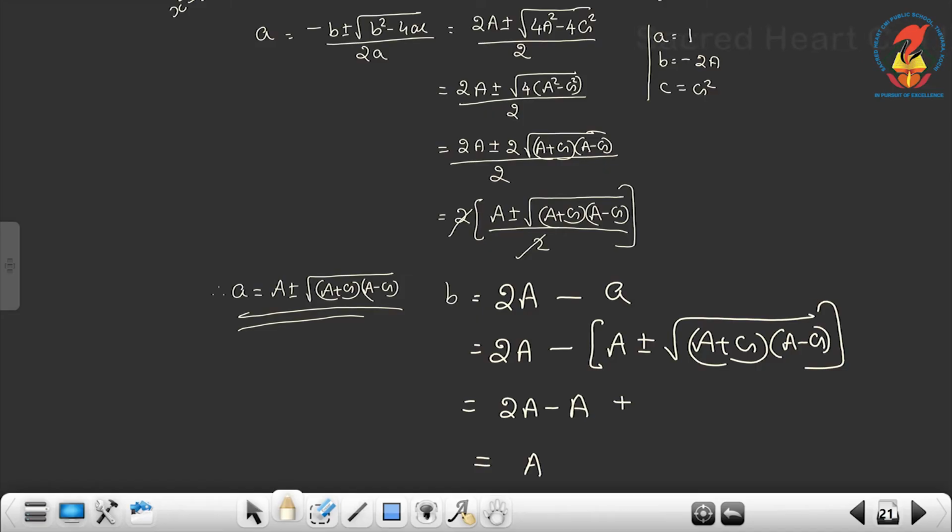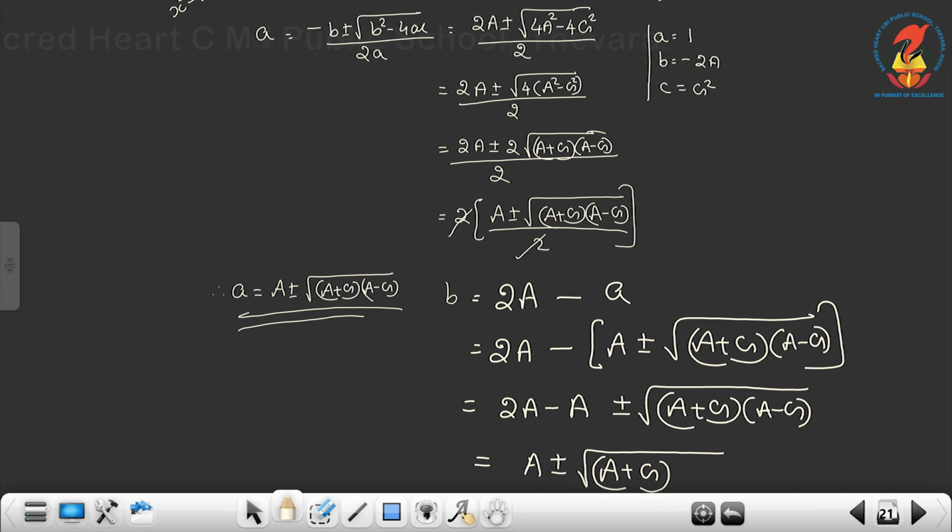So you can write plus or minus. So A plus or minus root of (A plus G) into (A minus G).